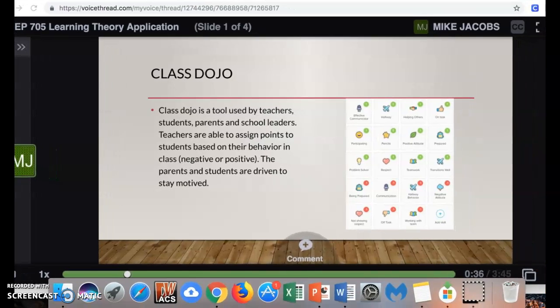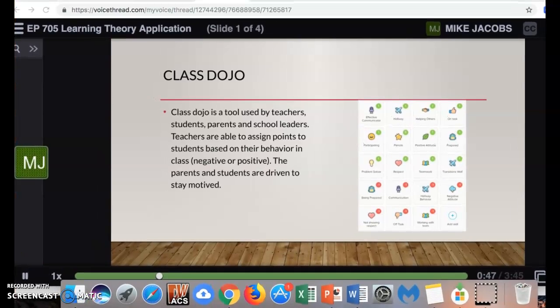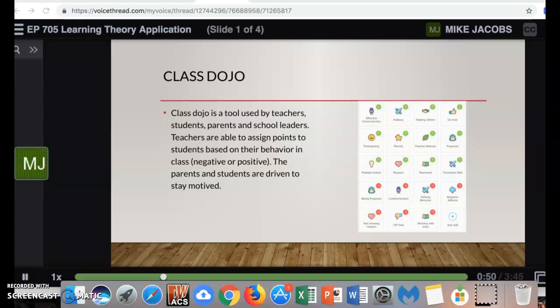Some of the things that students may earn positive points for are being an effective communicator, participating, having a positive attitude, being prepared for class, being on task, being respectful, transitioning well, and teamwork. Some of the negative points that students can also earn or have deducted are communication, hallway behavior, having a negative attitude, being off task, not working with the team, or not showing respect.